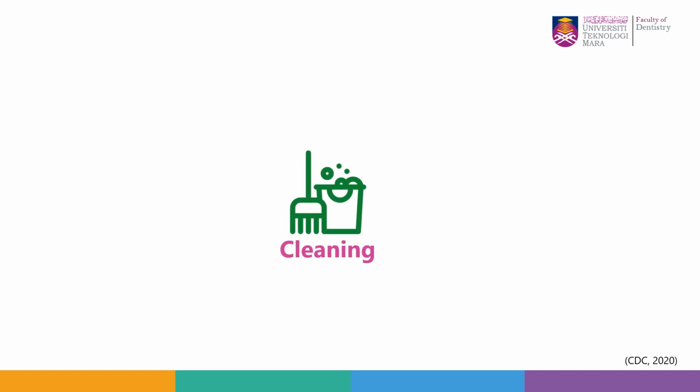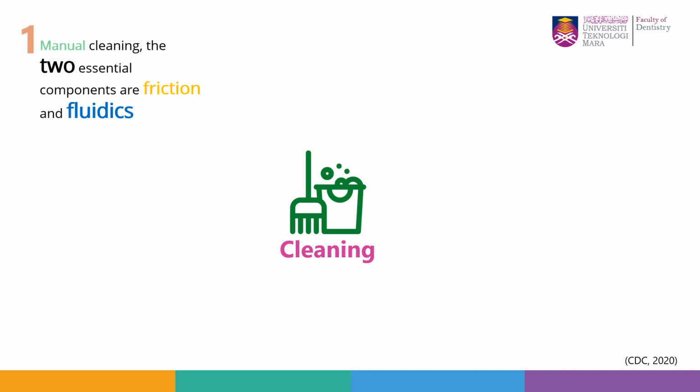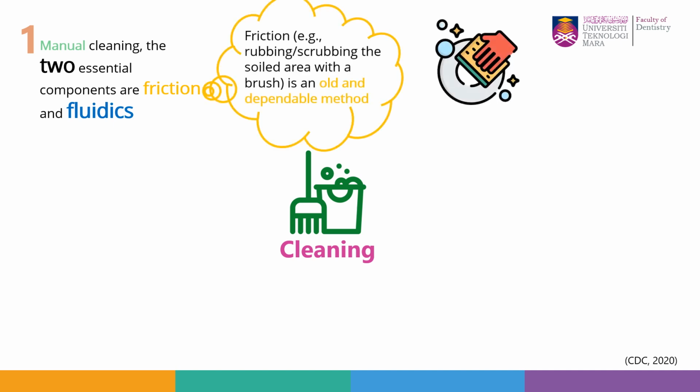Now we're going to look at the cleaning process in detail. The first one is manual cleaning. The two essential components in manual cleaning are friction and fluidics. Friction is rubbing or scrubbing the objects or the surface area with a brush, for example. It is an old and very dependable method.